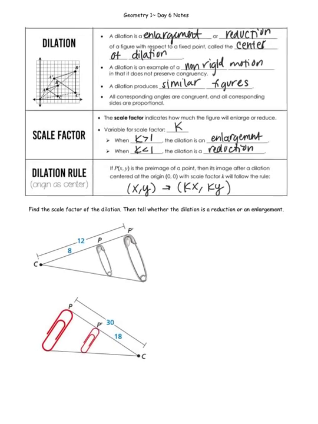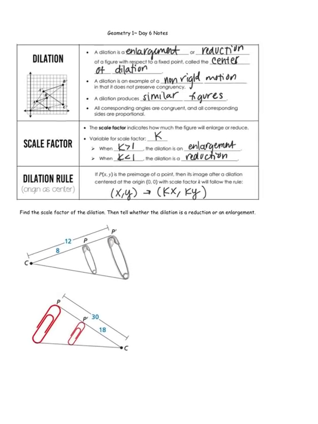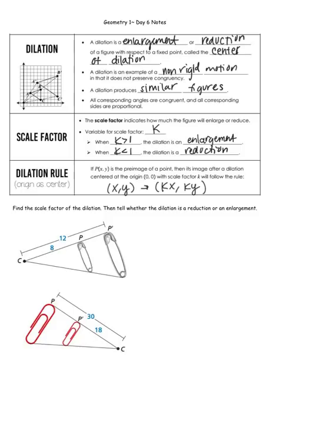First, find the scale factor of these dilations. Tell whether the dilation is a reduction or enlargement. So to find the scale factor, we do our image size over our pre-image. Remember, the image is the prime one, and the pre-image is the one without the prime.